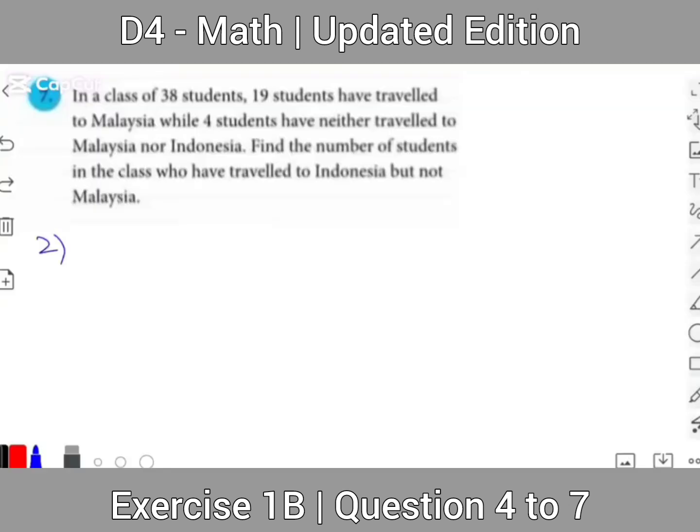Now in that stage 2, think of a plan. To find the number of students who travel to Indonesia but not Malaysia, since we want to find the number of students who traveled to Indonesia but not Malaysia.